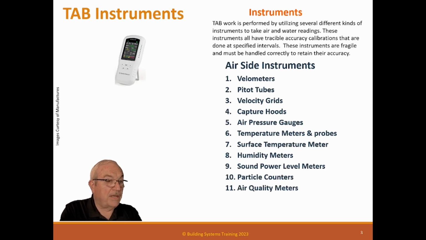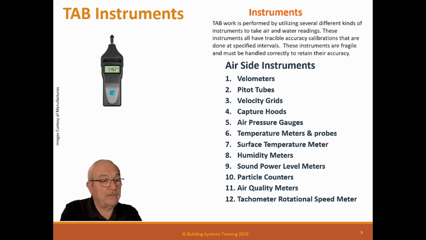There are lots of different manufacturers available for them. Depending on what the specification says, or on your certification agency, there are required accuracies for all these instruments. Most of them nowadays are pretty close, but you do need to make sure that you're buying the right instrument that meets the calibration accuracy of the group that's certifying you as a TAB technician.